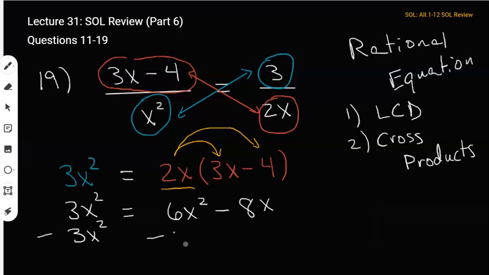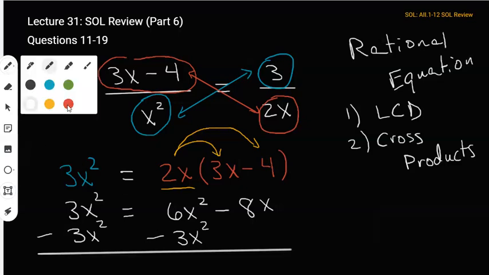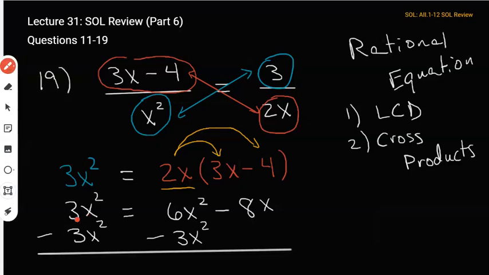We're going to subtract 3x squared from both sides. So while they cancel out on this side and give me 0, what happens on the other side?